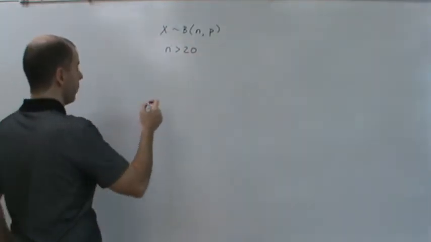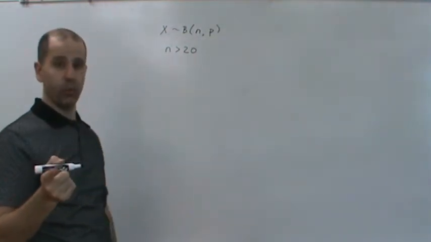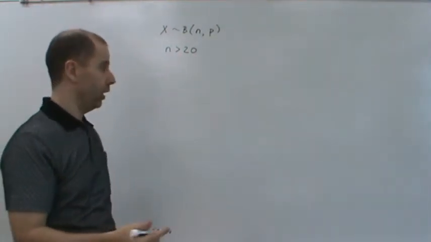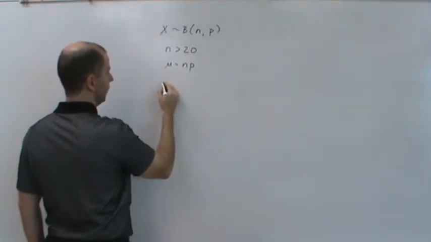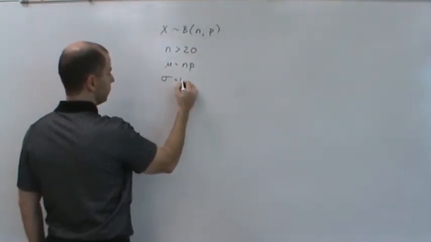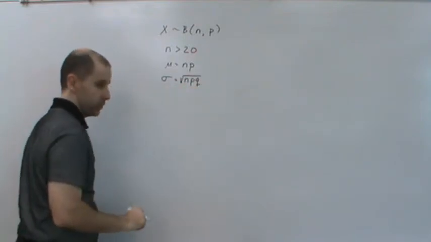So what's the normal approximation? What do we use for the mean and standard deviation when it comes to a binomial distribution? We use mu equal to n times p, and sigma equal to the square root of n times p times q.